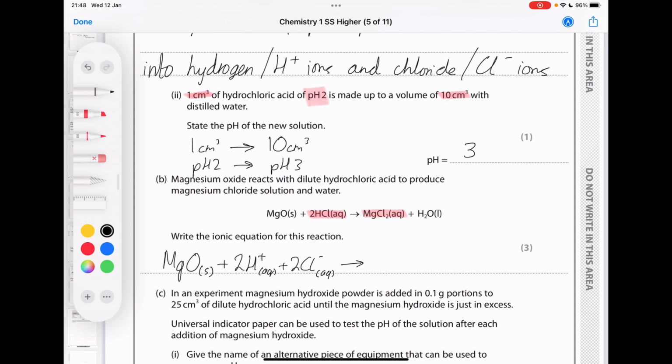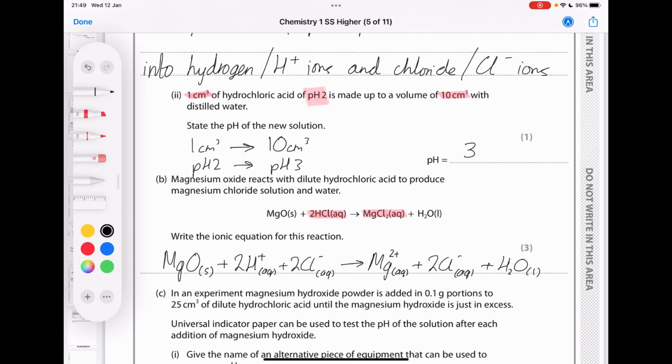reacting to produce the Mg2 plus ion and 2 lots of Cl minus and water. But this is not quite finished, because in an ionic equation the last step is to remove any spectator ions that are the same on both sides.